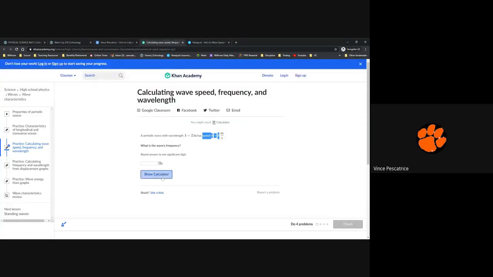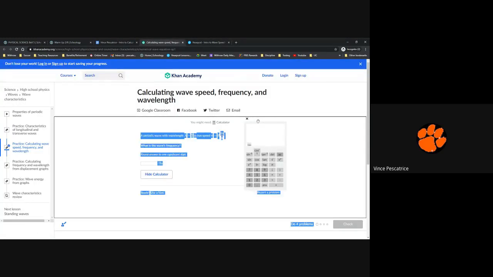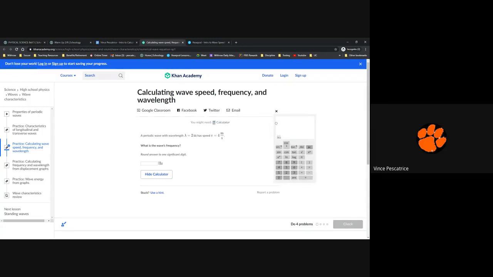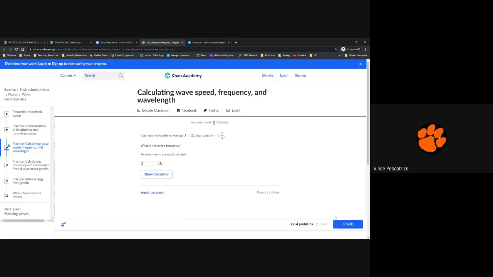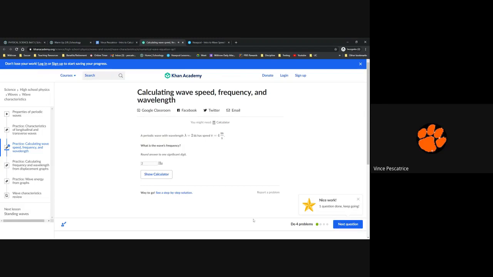If you need the calculator, you can use that here. Your answer should be 4 divided by 2, which is 2. Right? You type that in here, and then it'll tell you got it right.